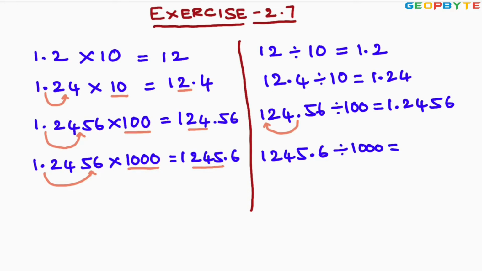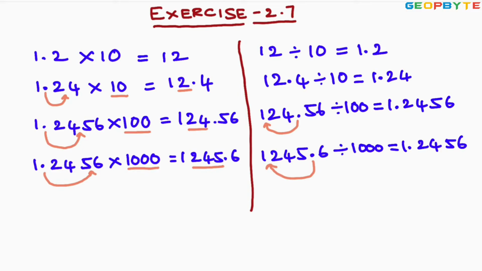Whenever we are dividing any decimal number with 1000, the decimal point is shifted towards left by three places. It will be placed between 1 and 2. We are getting 1.2456.